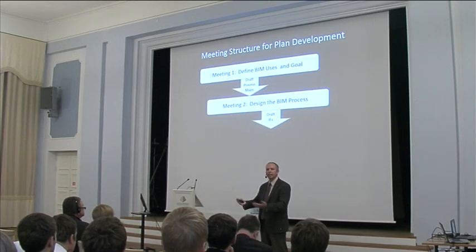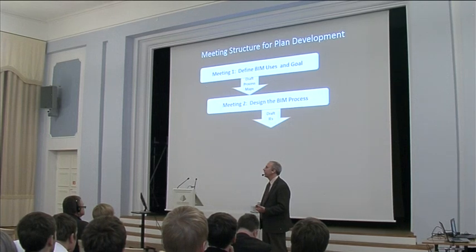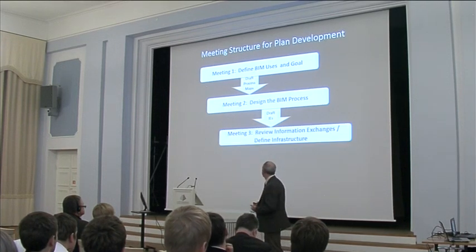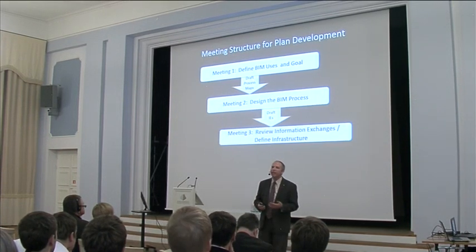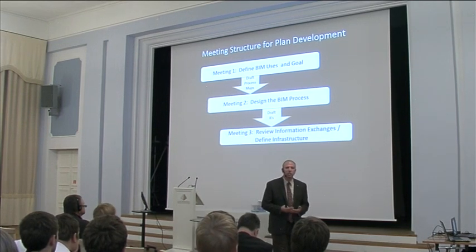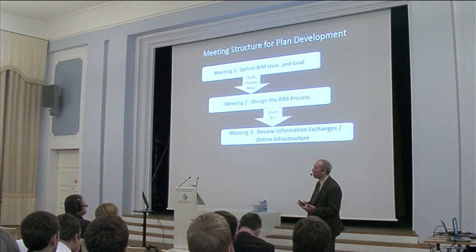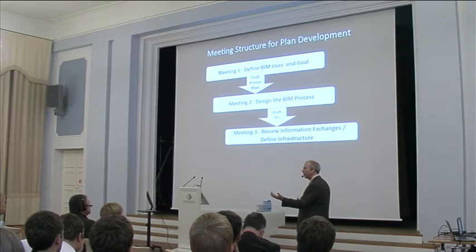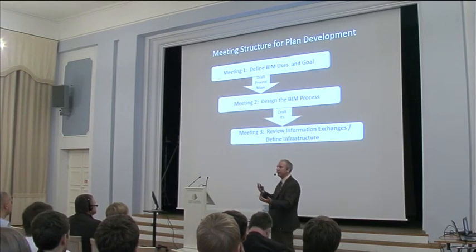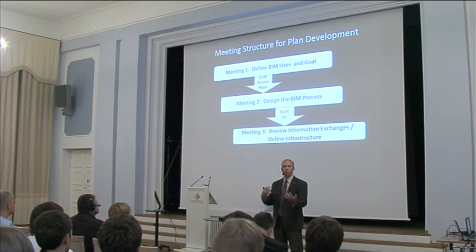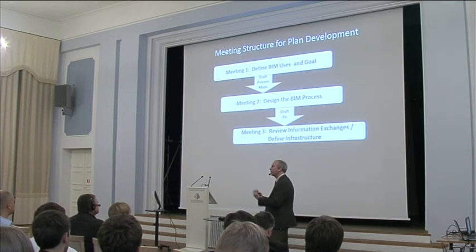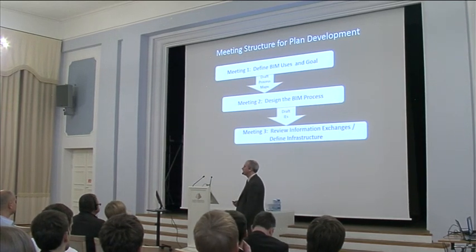After that process is defined, you can identify and document the information exchanges and then have more detailed meetings between the different modelers to define what they are going to model and at what level of detail so that they can communicate back and forth with the other modelers and understand these information exchanges.